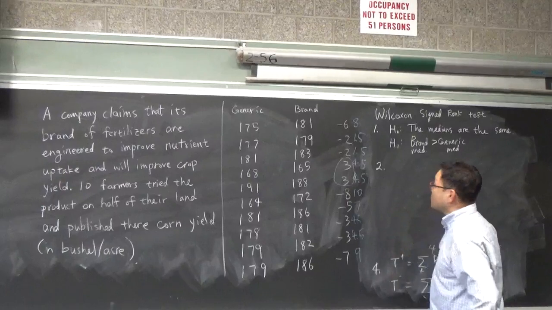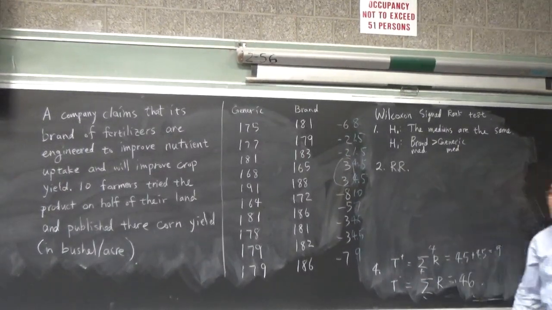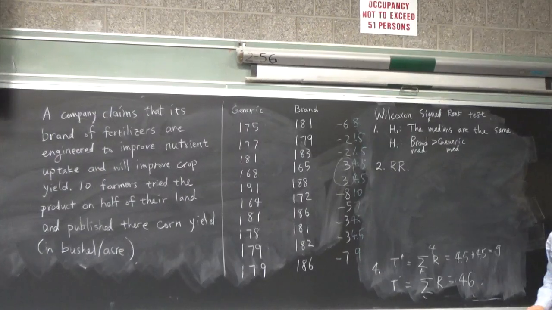Okay, number 2, now we have to figure out the rejection region. And I just realized that I made copies of this table for the Wilcoxon. I didn't bring it. I'll bring it right after this.